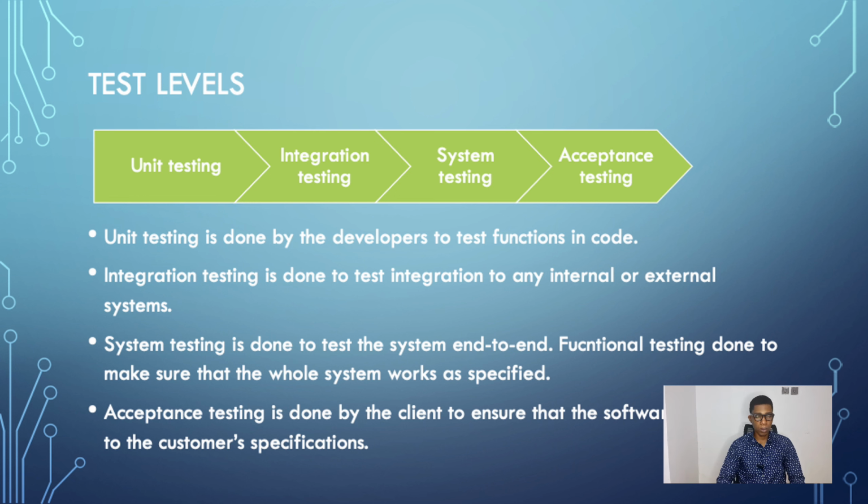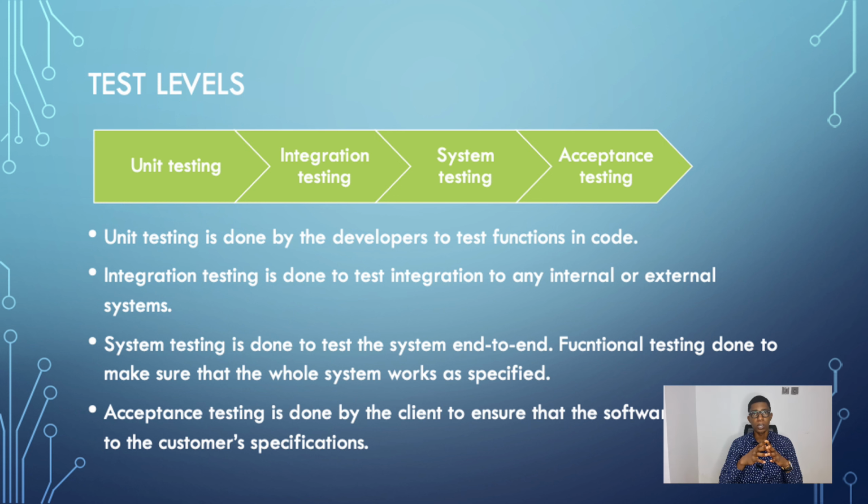The first one I'm going to talk about is unit testing. During unit testing, the software developer performs tests on each unit of the software being developed, each unit of code, each function of code being written.